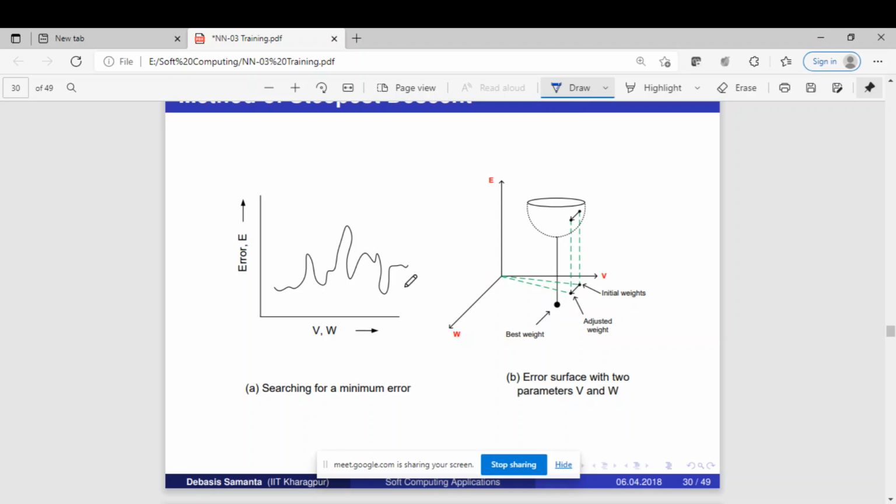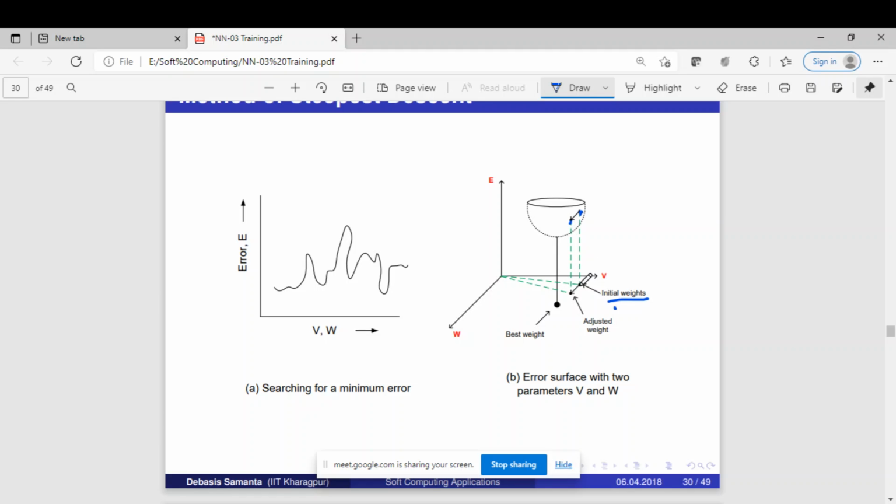In the second round we got another point here. We got this by changing the weights. There is a movement from the initial weight to the adjusted weight. With the initial weight this is the solution you are getting, and after adjusting the weights this is the solution you are getting.